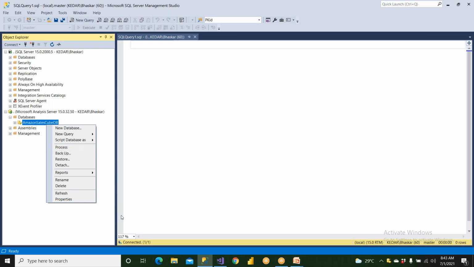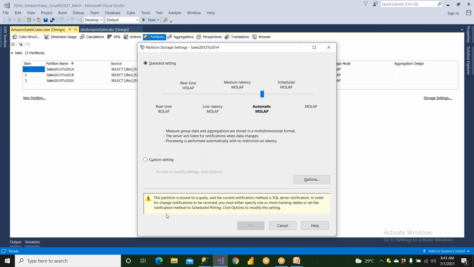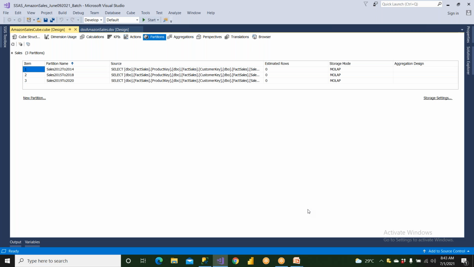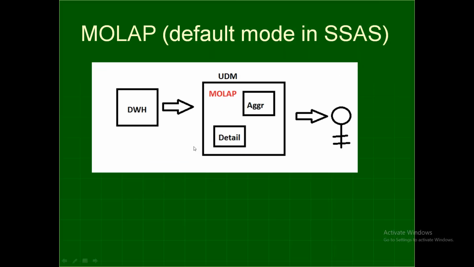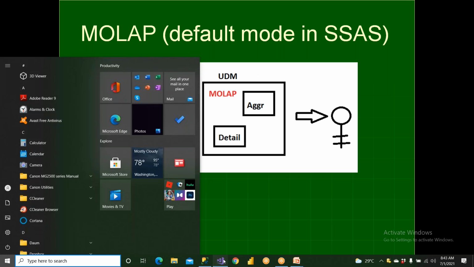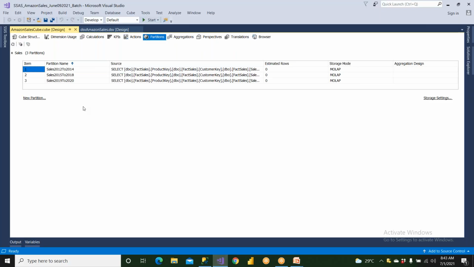But there's an issue also. Every time whenever you process, the processing will take 3 hours, 4 hours, 5 hours. So you don't have any control. When the data changes at the data warehouse, immediately the process starts. So people may not be happy because when it is processing, it will take 4 hours. Then the cube will not be accessible by anybody else.